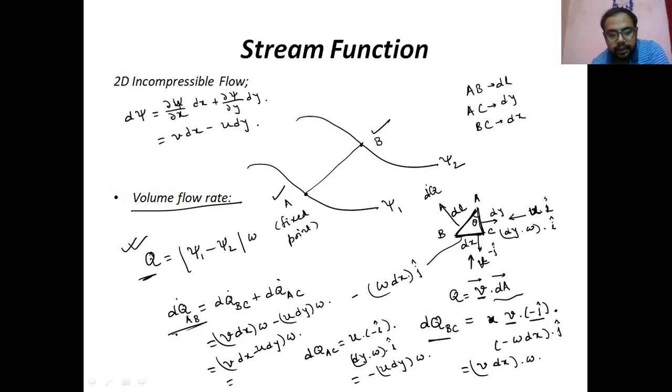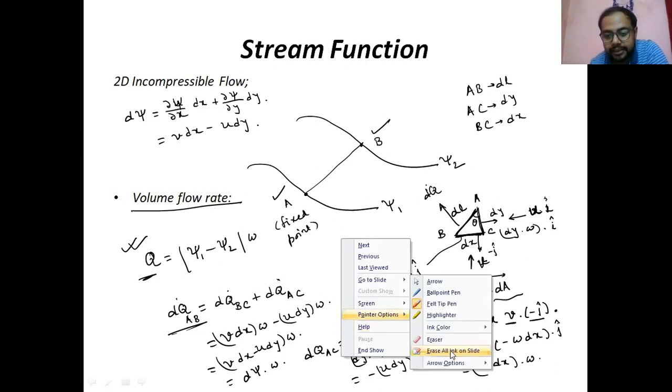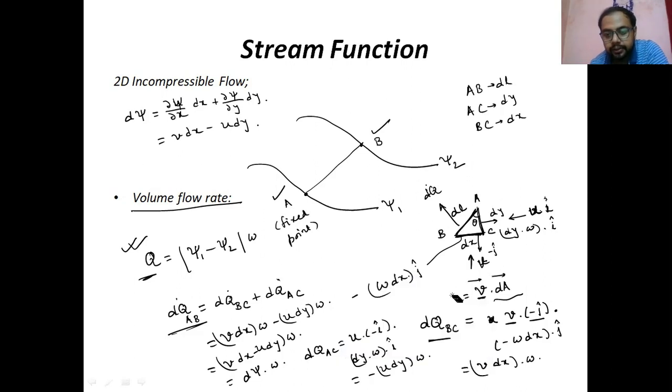So about this small elemental area across this way, the flow rate is d psi into w. From this concept, we write down the last part and do the integration from psi 1 to psi 2.